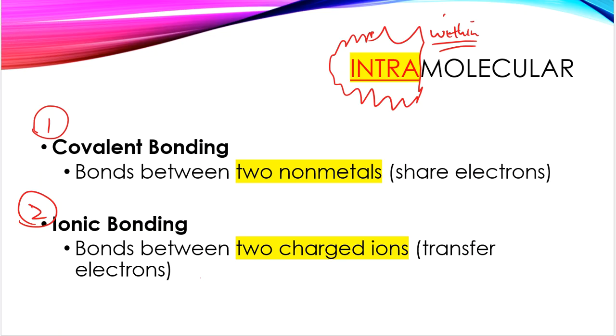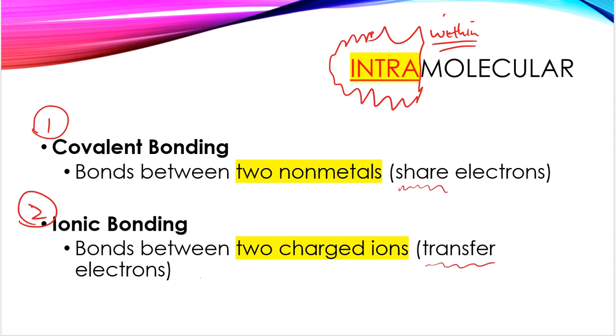So with covalent bonding, if you look at the definition, it says bonds between two nonmetals, and they share electrons. That's kind of boring. And then ionic bonding says bonds between two charged atoms, and they transfer electrons.